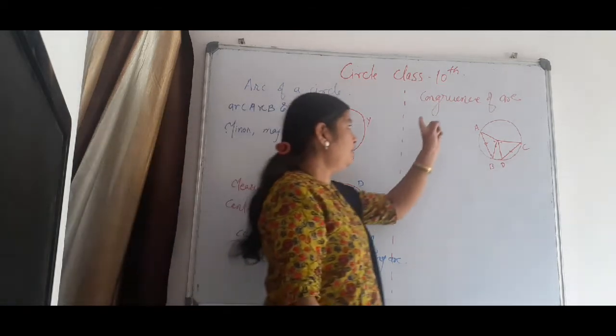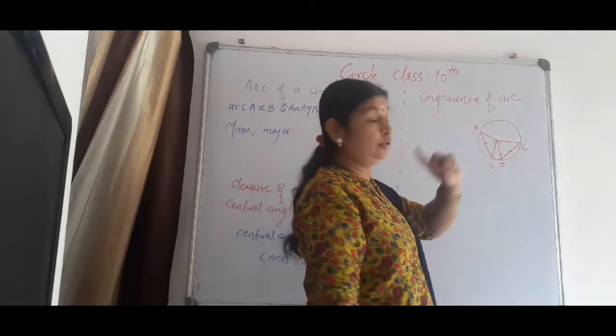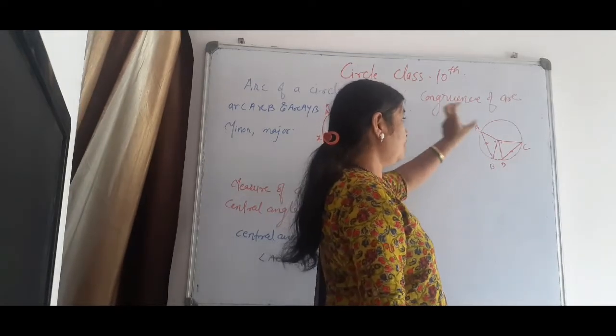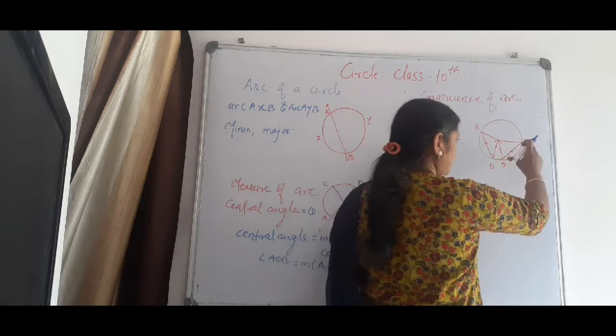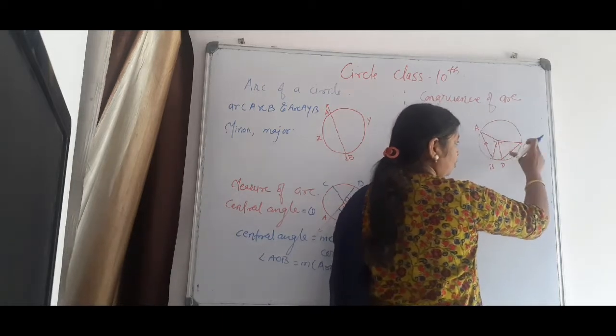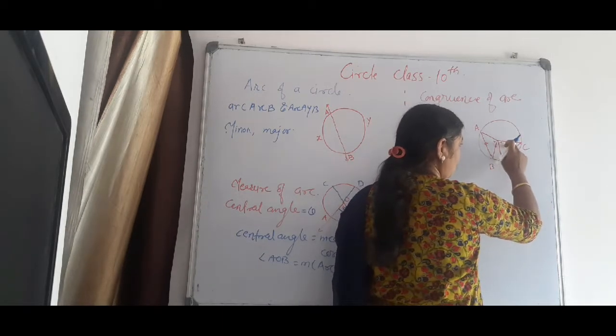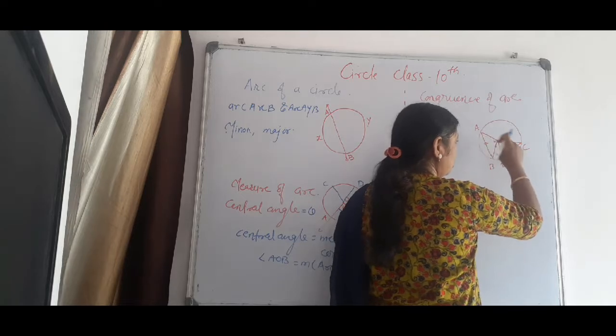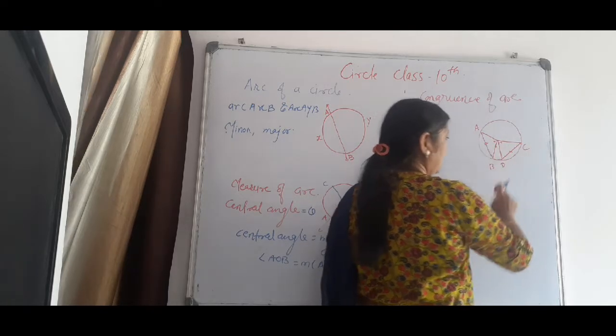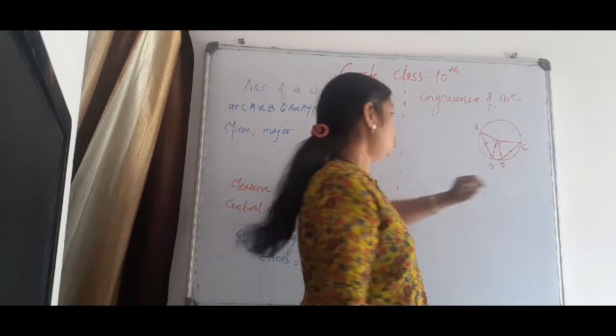Now see here, what is meant by congruence of arcs? There are two properties of congruence of arcs. If chords are equal, then the angles formed by those chords are also equal and the arcs formed by those chords are also equal.